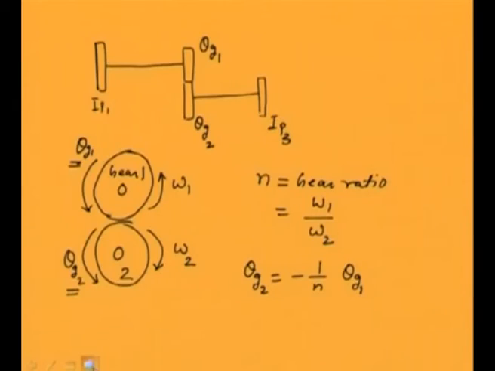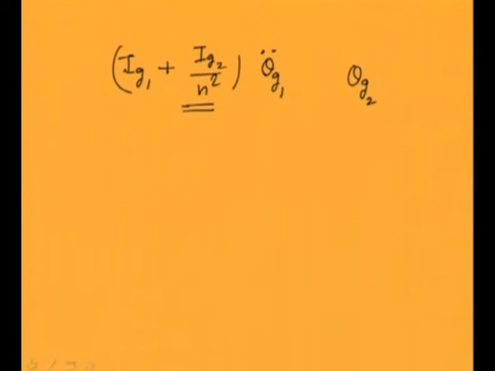So that will give us the inertia force which we will be getting in terms of the gear displacement 1. So here we have obtained the equivalent polar moment of inertia of gear 2, because theta G1 and theta G2 are related. So we want to eliminate theta G2 from the equation.